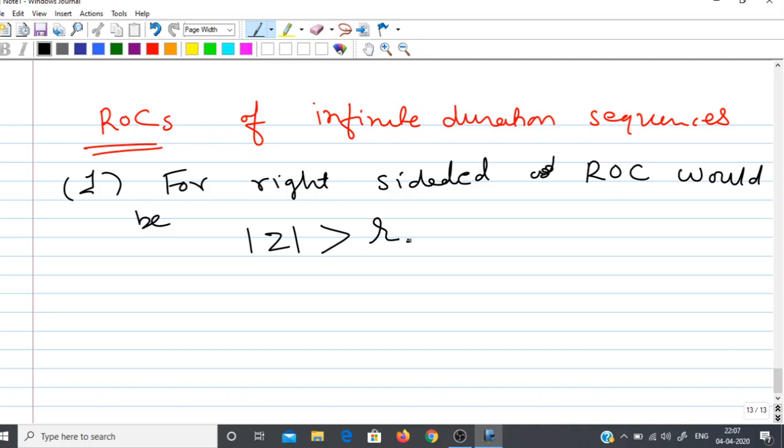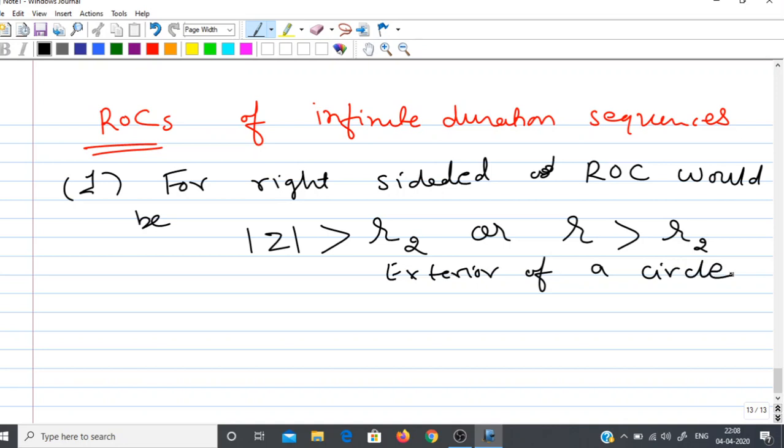Let's say that constant is R2, or you can say R is greater than R2. So it is the exterior of a circle. So if the sequence is a right-sided infinite duration sequence, the ROC would be the exterior of a circle.